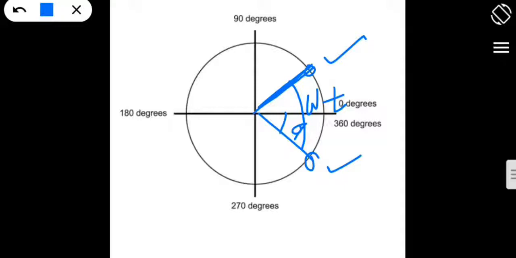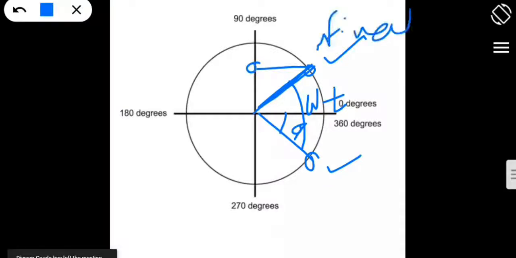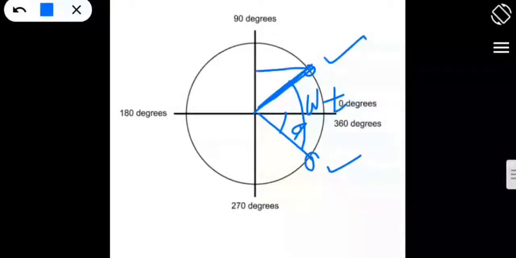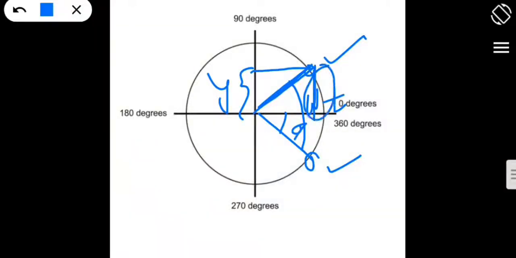I draw a foot from the final point, and this line is y.